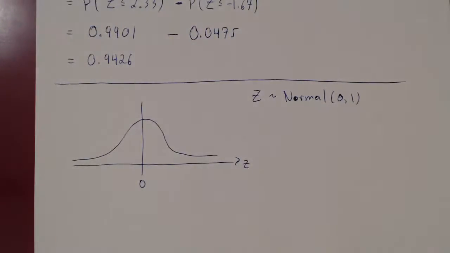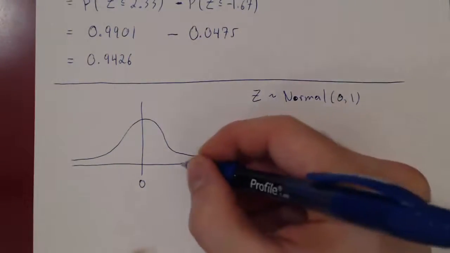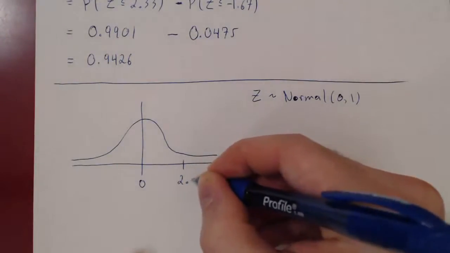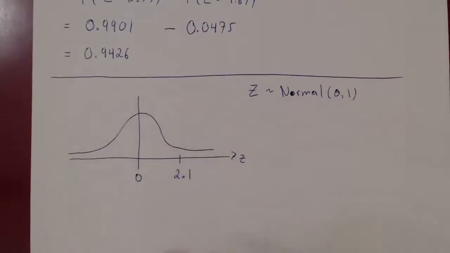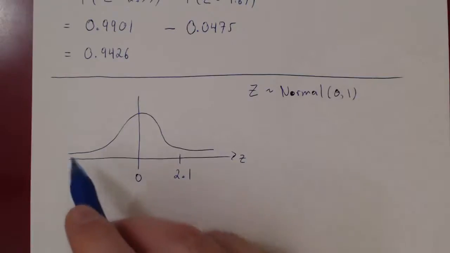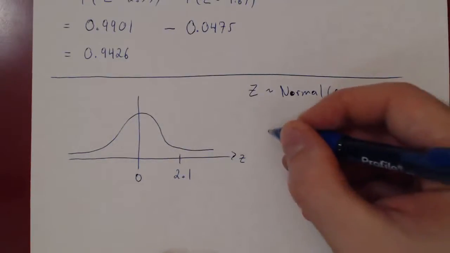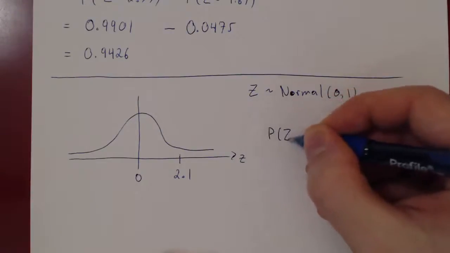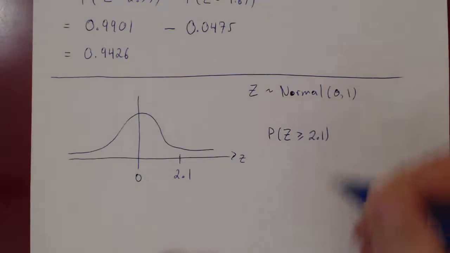What if, for example, I asked you to find the probability that Z is greater than, say, 2.1? From the distribution curve, I'm saying Z is bigger than or equal to 2.1.